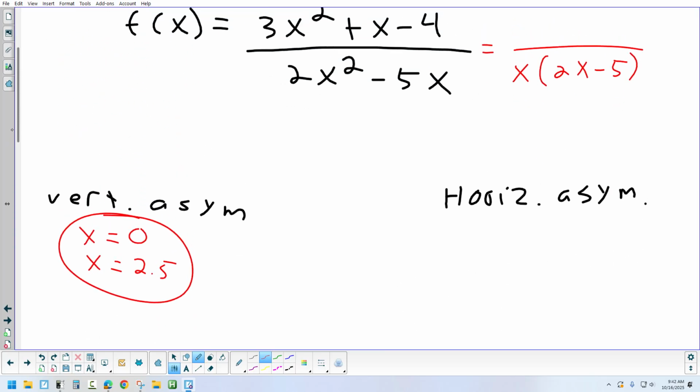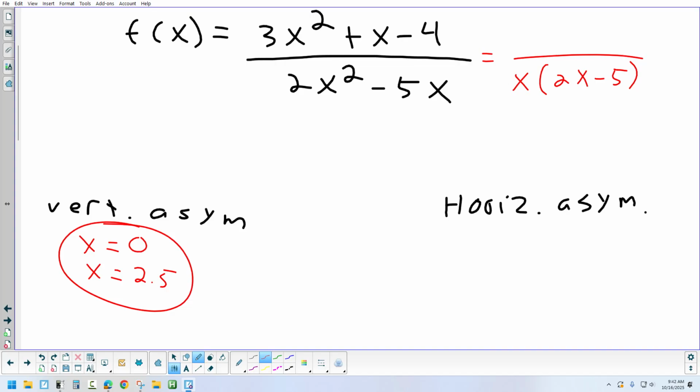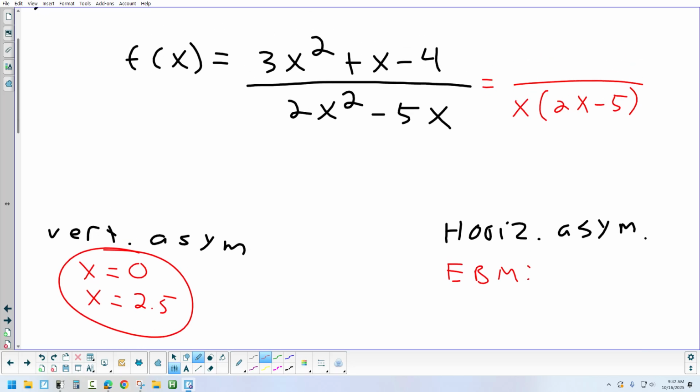All right, let's do the horizontal asymptote. But what do we do first that helps us to get that? Yeah. The EBM. So let's get the EBM done. What's going to be my EBM in this case?